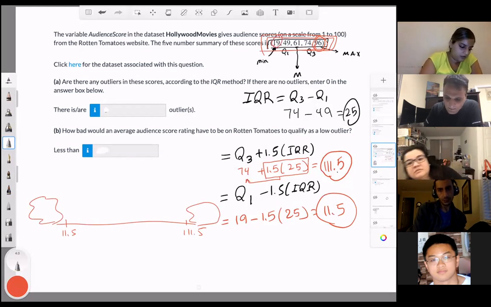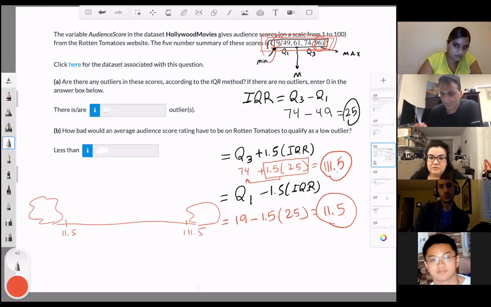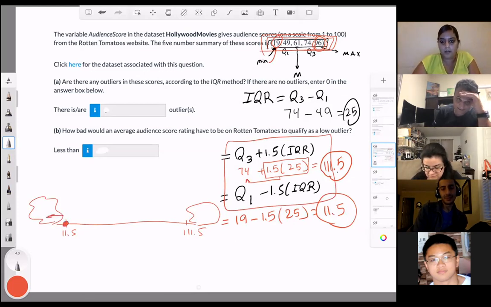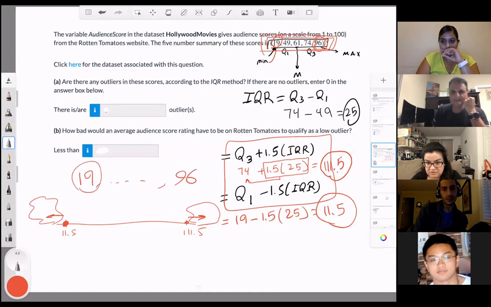Because 19 is the minimum. If there was a 10 or 5, then we would say it was an outlier. Does that make sense, Musa? You follow this rule, no negotiation. The minimum is 19 and the maximum is 96. So 19 is not less than 11.5, it is somewhere around here. So we have no outlier.